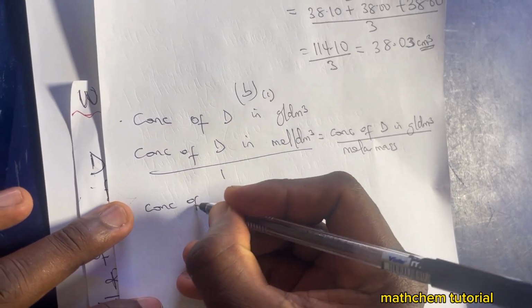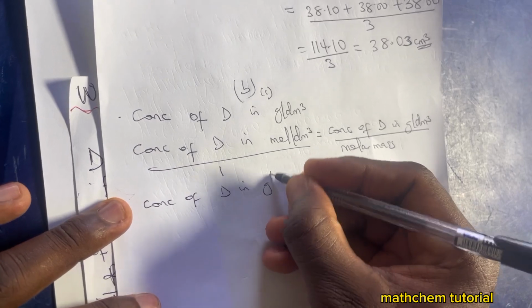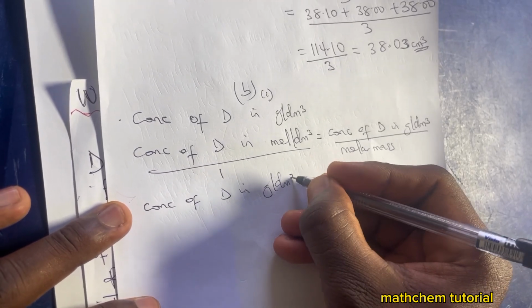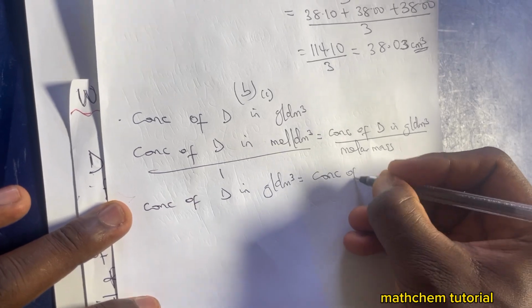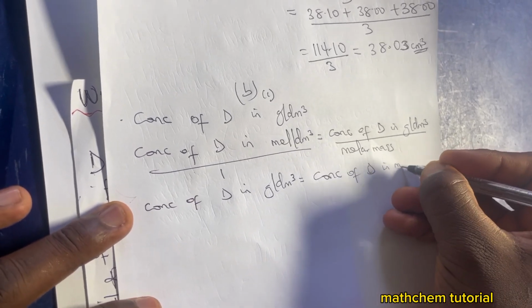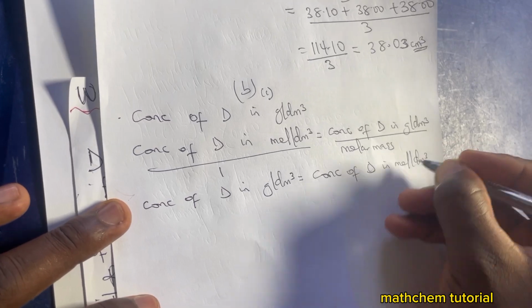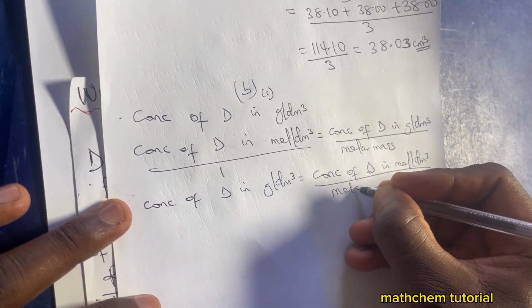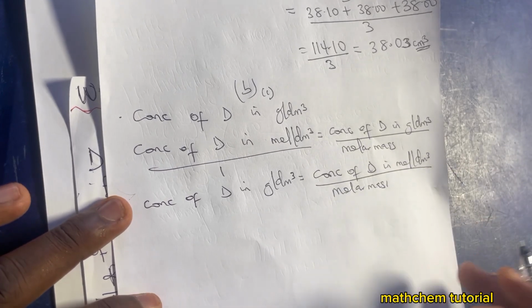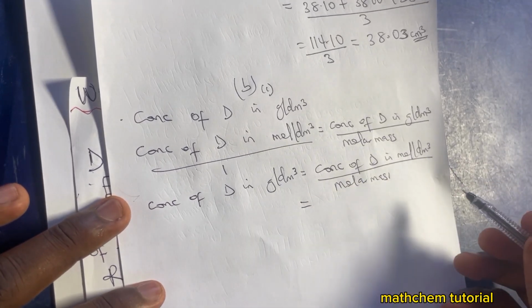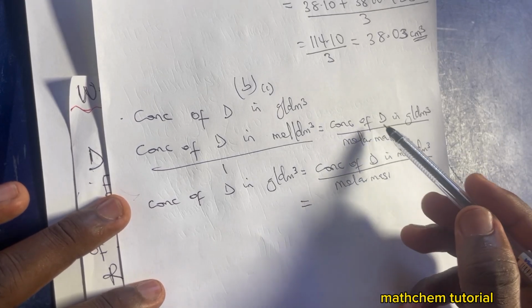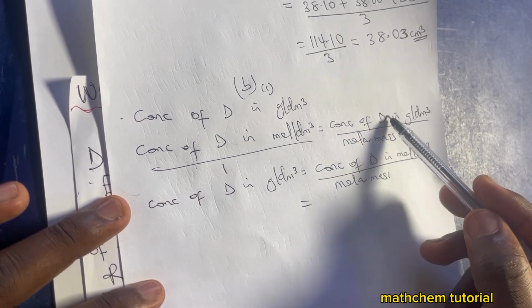Get the gist now. So let me cross multiply. That will be concentration of D in gram per dm cube equals to concentration of D in mole per dm cube all over the molar mass. Oh sorry, times, that will be times because I am cross multiplying.